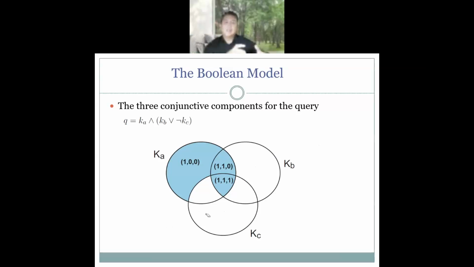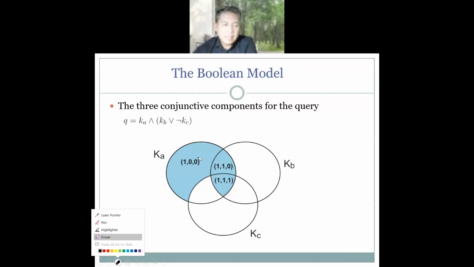Basically, they combine the set model and also the Boolean algebra. Here we are saying that keyword A exists but not KB and KC, because the area for KC is here.